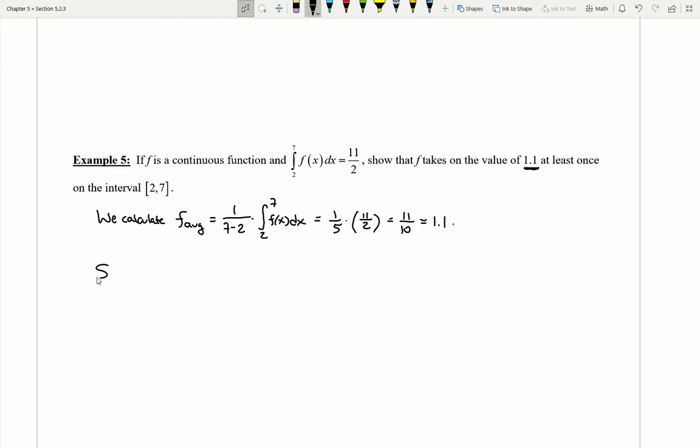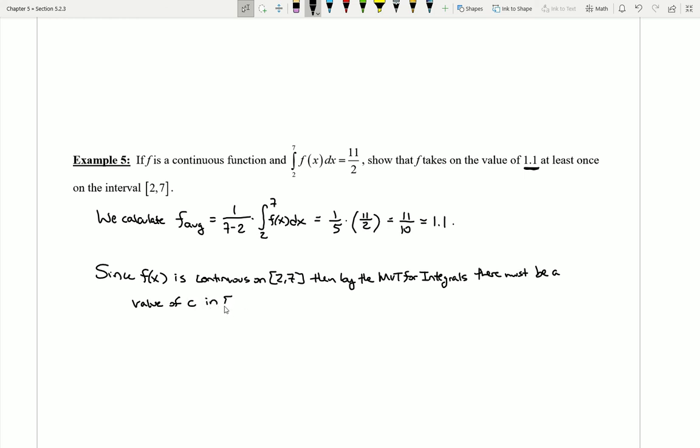So I can see here that since f of x is continuous on the interval from 2 to 7, then by the mean value theorem for integrals, there must be a value of c in the interval from 2 to 7 such that f of c equals f average, but of course f average is 1.1.